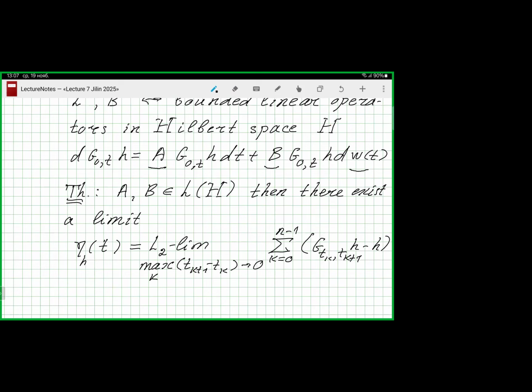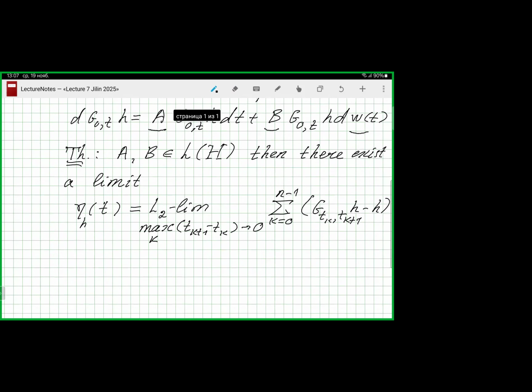and moreover, it can be written as a sum: eta_h(t) occurs to be equal to tAh plus W_t Bh. Maybe better to write in backward direction because t is scalar now, A is an operator.